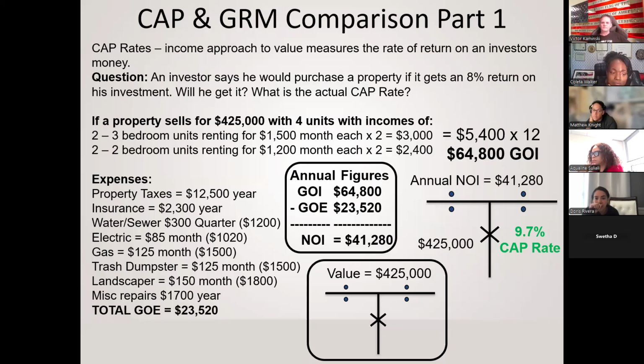The gross monthly. Yes, the gross monthly rent for that GRM. It's $5,400. Okay. And then divide down, and we get the GRM of 78.70. Yep.